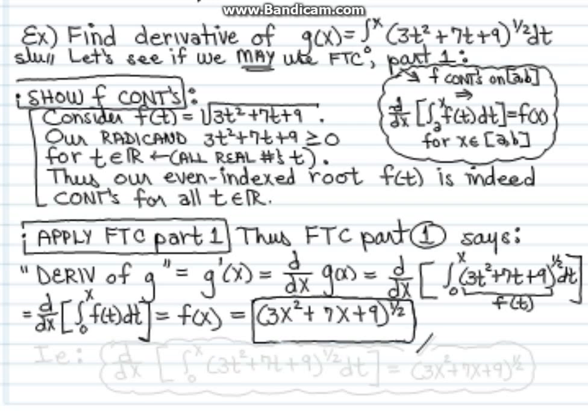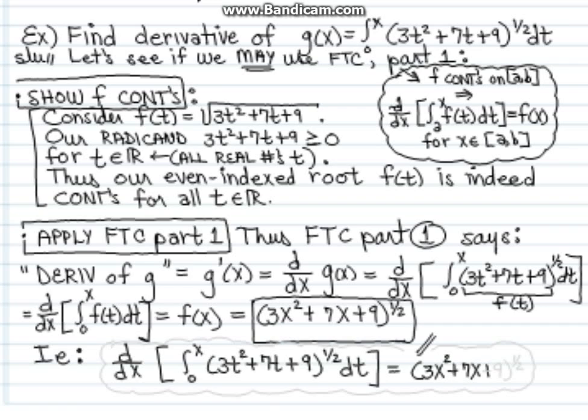Well, there are so many notations here. Let me just restate this really briefly. What we've done says, in other words, that the derivative with respect to x of the integral from 0 to x of (3t squared plus 7t plus 9) to the 1/2 power dt is equal to the evaluation of the integrand at x, (3x squared plus 7x plus 9) to the 1/2 power.